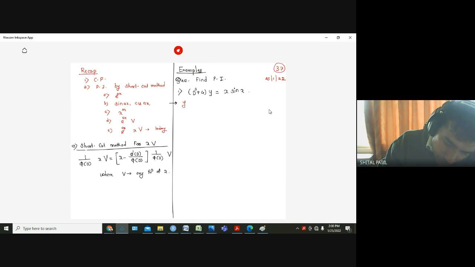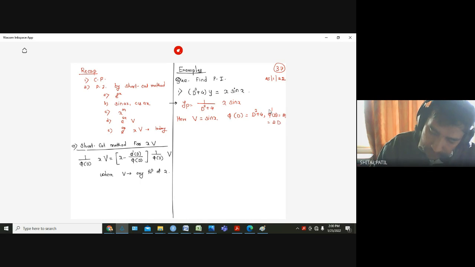y of p equals 1 upon D square plus 4 operated on x sine x. Here v is sine x. The phi of D is D square plus 4. What is phi dash of D? Derivative, 2D.